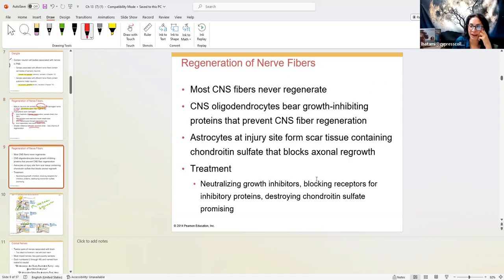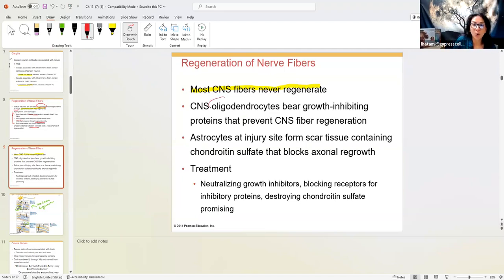But how about the nerve fibers or axons in our central nervous system? As I mentioned before, most central nervous system fibers never regenerate. But why? Because in our central nervous system, we have glial cells that inhibit and block the regeneration of nerve fibers.